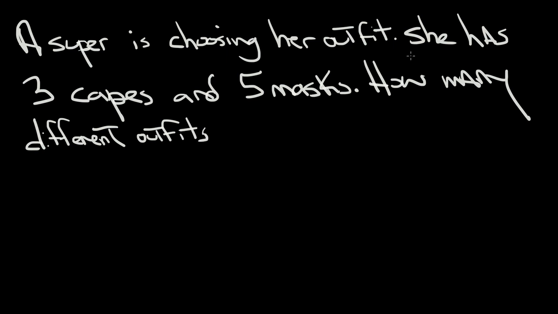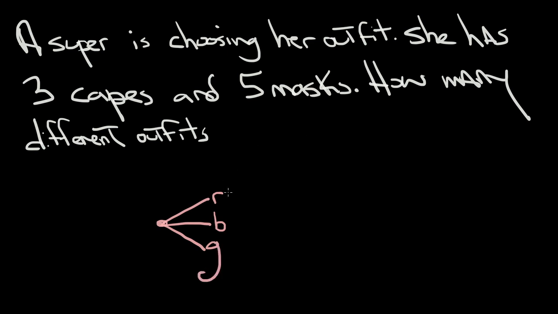So I want to show you just the tree diagram really quickly. So let's say she had masks. And so here's your starting point, right? And she has 3 different capes that she could choose. Maybe she has a red one, a blue one, and a green one. And then she has 5 masks.